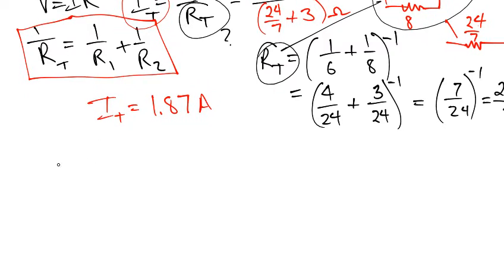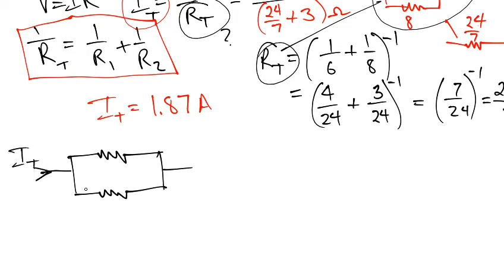The concept of current division is actually pretty cool. Current division works for parallel circuits. If you have a total current coming in, and you have R1 and R2, then the current going through 1 and the current going through 2 can be defined by this equation.